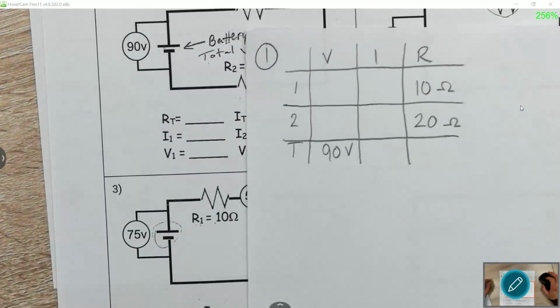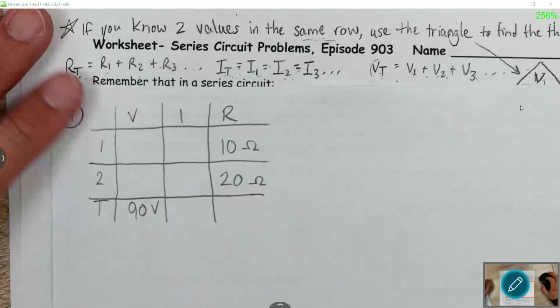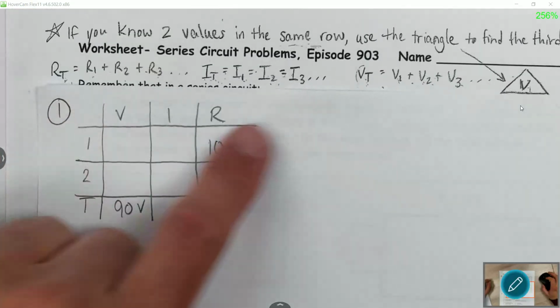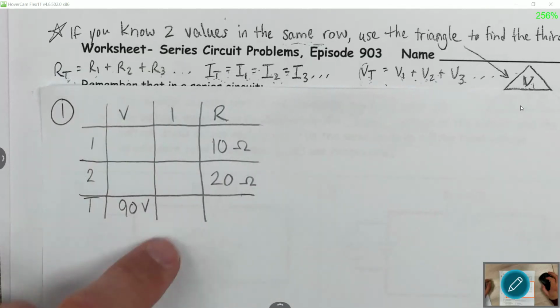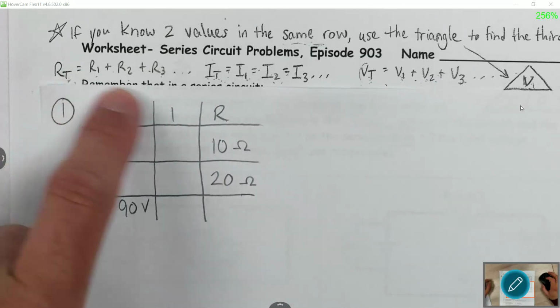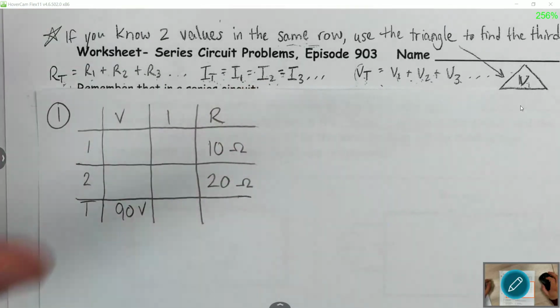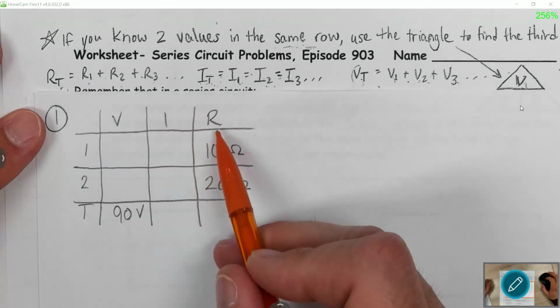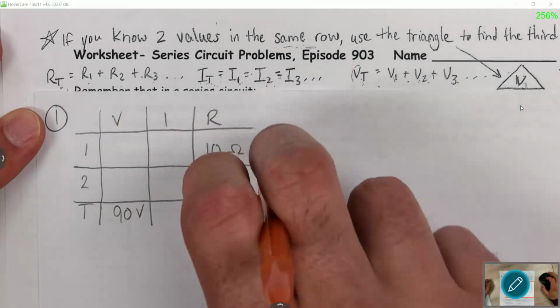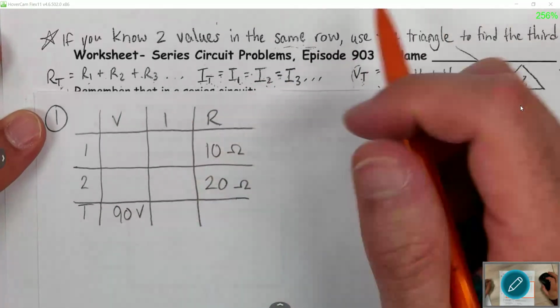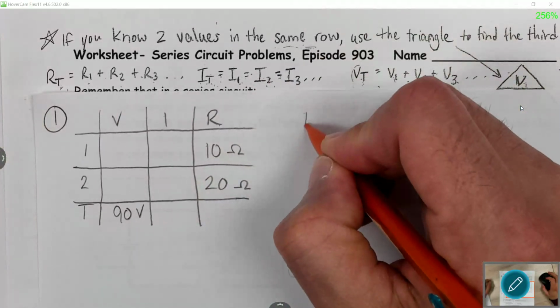The voltage drops, we don't know what these are, so we can't add them up. We don't have current yet, so we can't equal them out, but we do have both the resistors. If you have all the resistors, you can add them all together to find RT. That's the first thing you need to do.